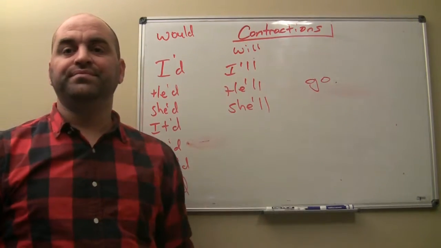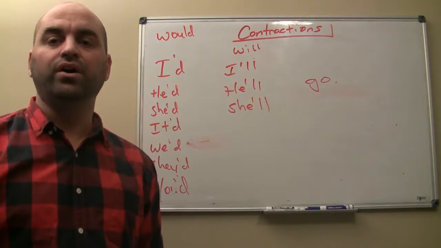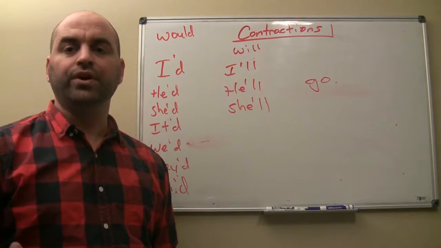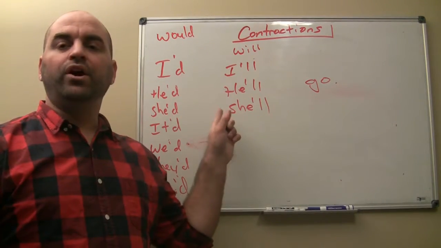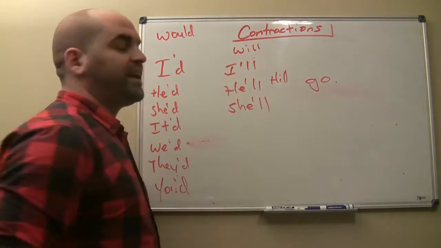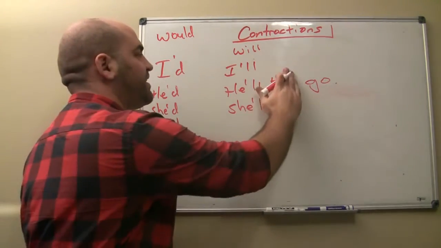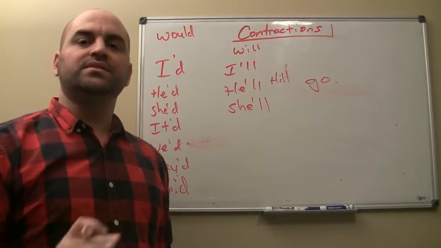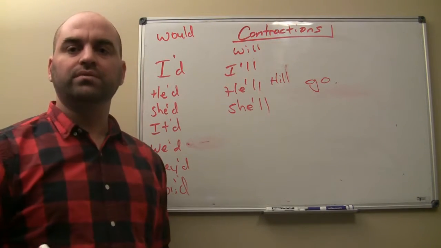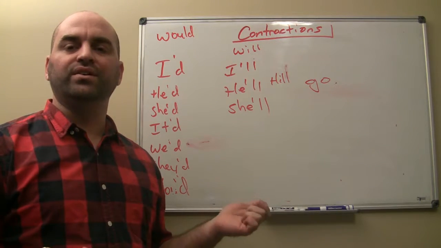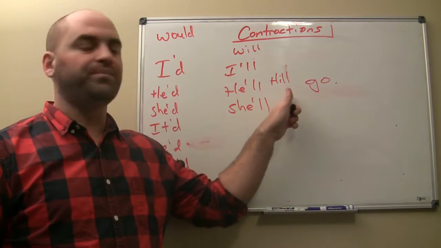I will go. I'll go. He'll go. We almost say this like hill. Like a small mountain. He'll go. It depends who is talking, but he'll or hill. It's most likely we say like hill. He'll go.